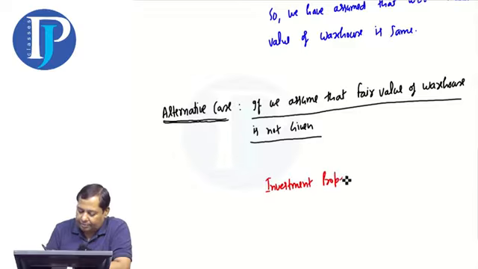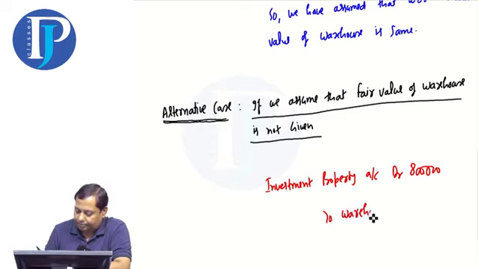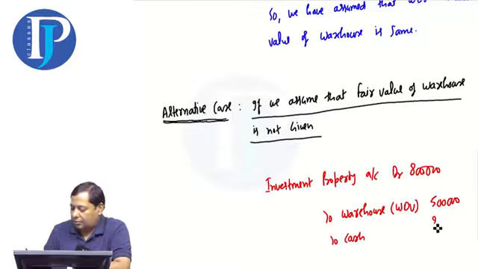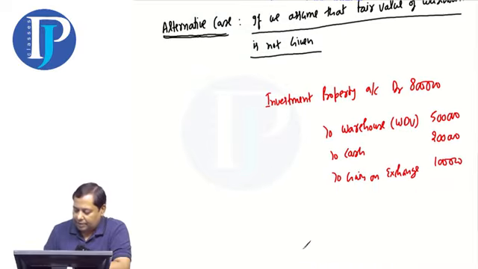Investment property debit at 8 lakhs. So to the warehouse WDV, 5 lakhs, to cash, 200,000 rupees, to profit on exchange, 1 lakh rupees, balancing figure.